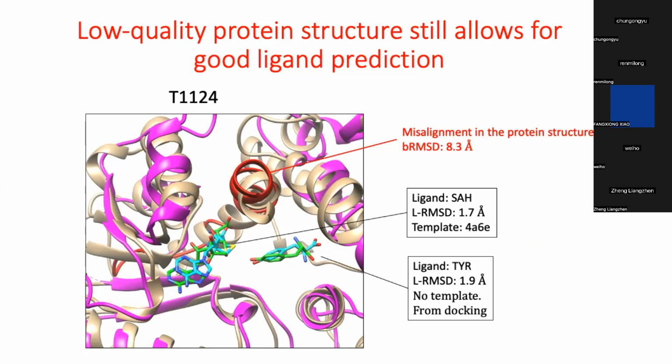However, we still get a reasonable ligand RMSD. The reason is because this ligand interacts with the part that's not misaligned. So that's why this misalignment wouldn't affect the structures. So that was using the template-based method. The other one is basically using docking, because there's no template at all.